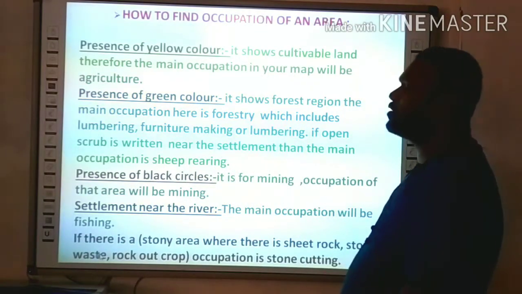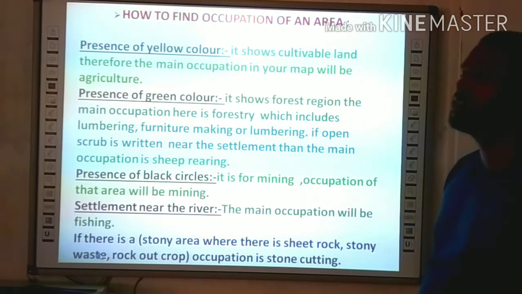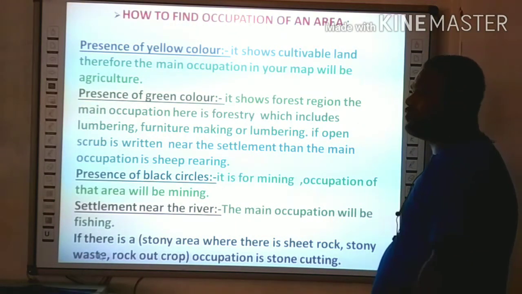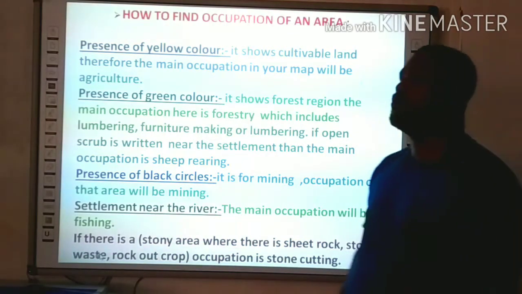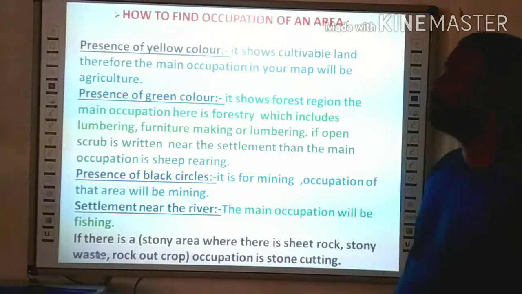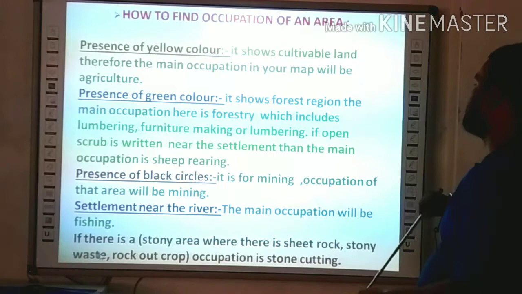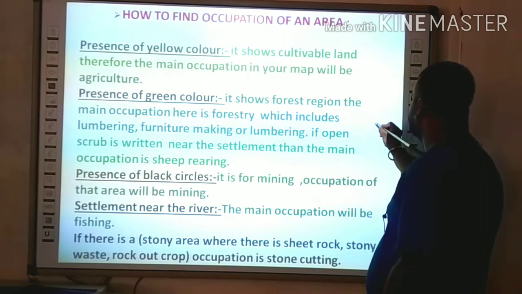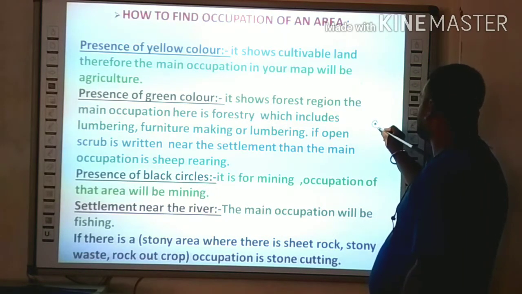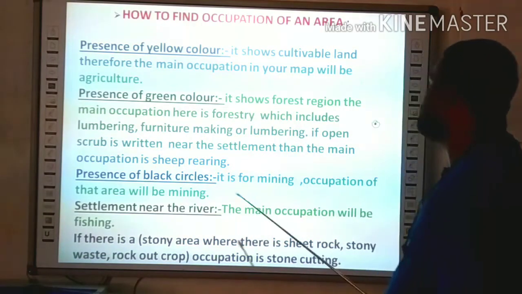Please correct it. If you find anywhere it is written open scrub near any settlement, then the main occupation is sheep rearing. Now presence of black circles, a small dot surrounded by a circle, indicates mines.